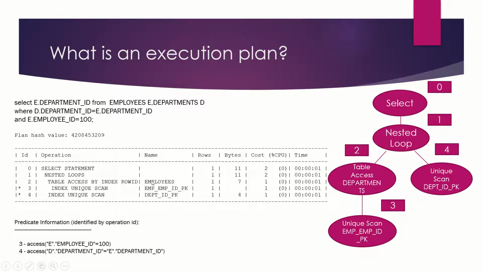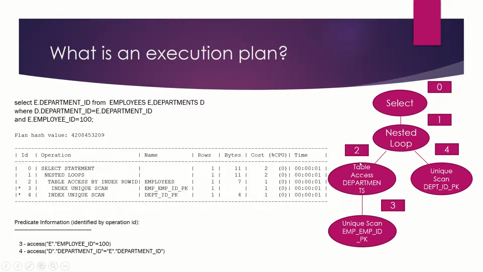You have to fetch some additional columns from the employees table, because the third operation, the index unique scan, has only scanned the employee ID. Looking at this query, for the employees table it is also looking for the department ID values. So it is because of e.department_id that there is a table access by index row ID. For employee ID equal to 100, it will fetch the respective department ID. So that is the second operation.